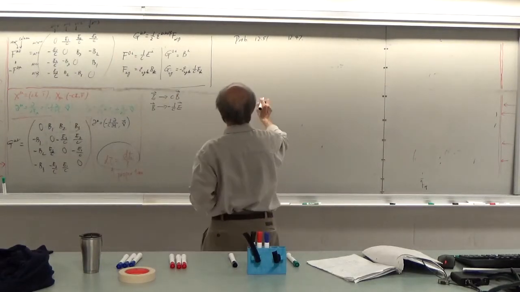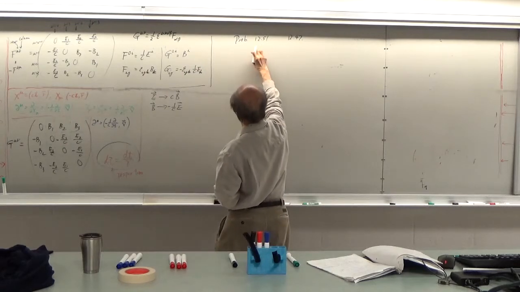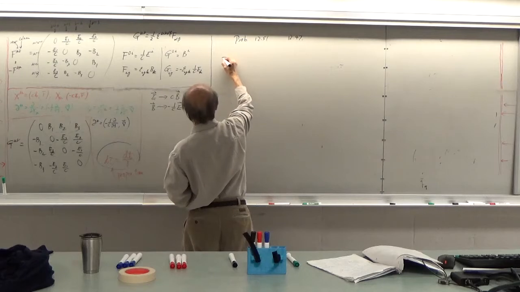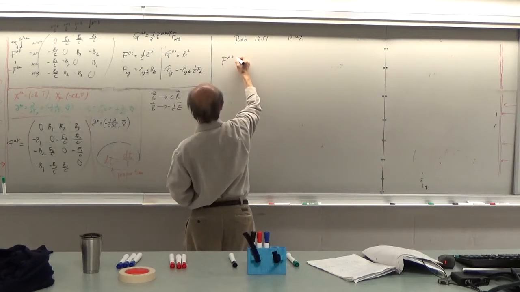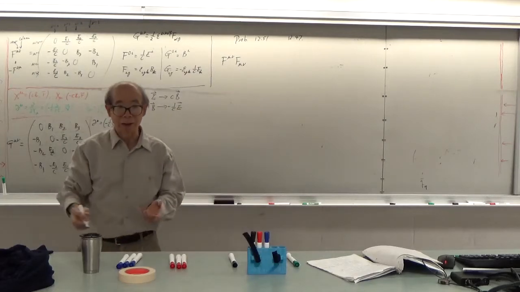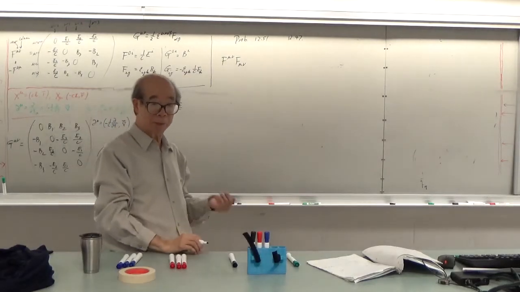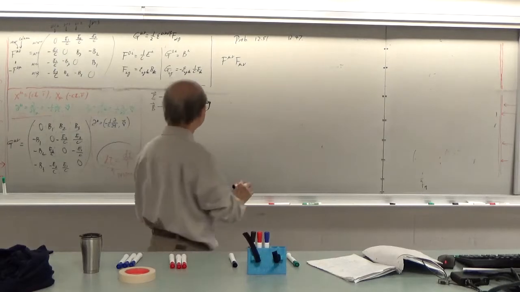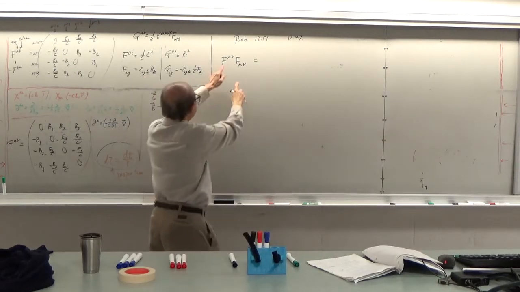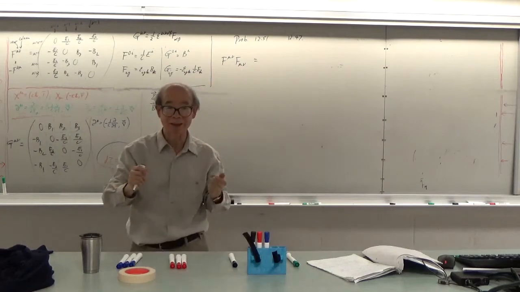All right? One of the problems, problem 12.51, is to find F mu nu F mu nu in terms of the electric field E and magnetic field B. So let's do it. Again, let me remind you, mu and nu are repeating indices.